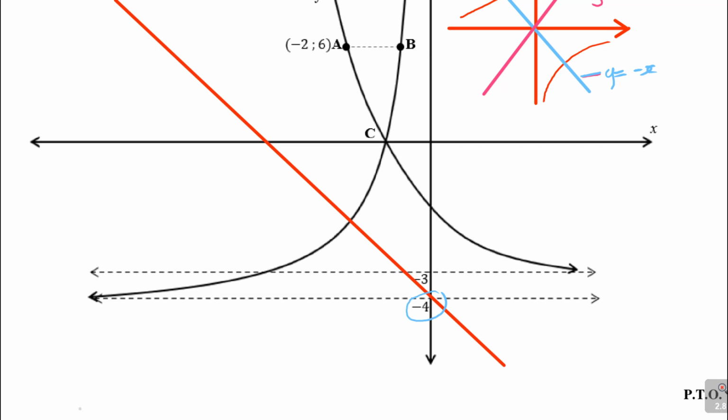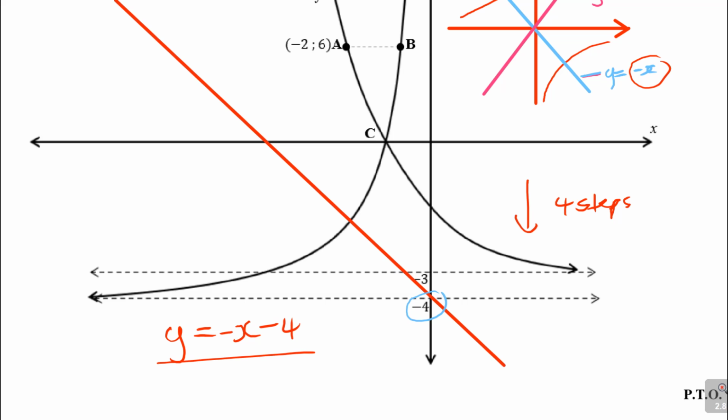So now if you're writing the axis of symmetry, because it's negative, you're going to say y is equal to, you maintain this minus x here, but because it went down, how many steps? 4 steps. And when you go down, it's negative, so it becomes minus 4. So that becomes the answer.